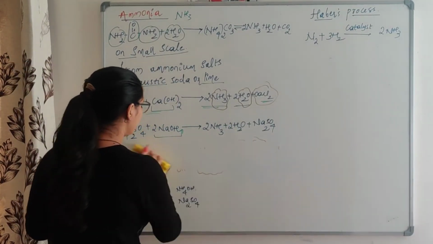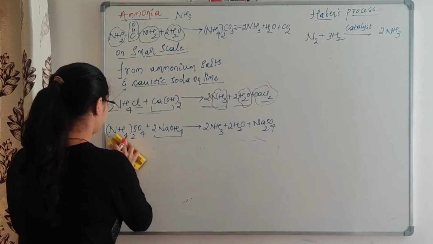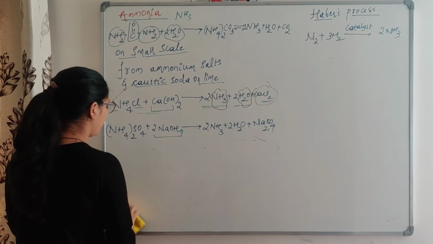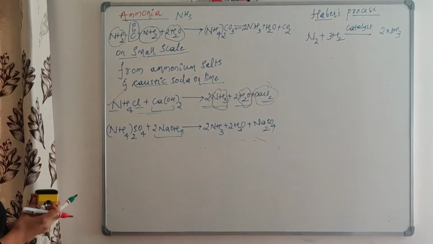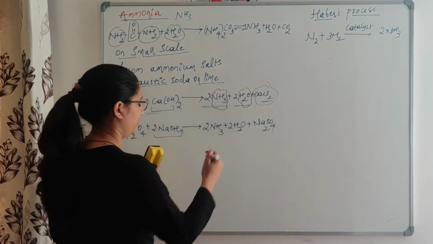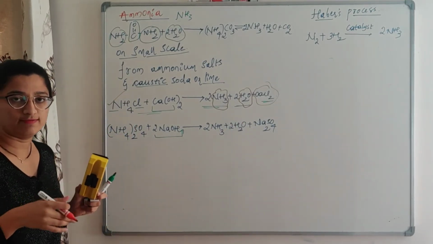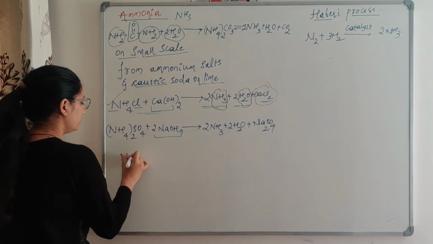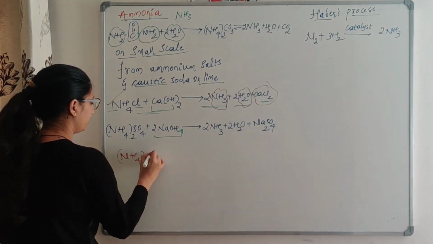Now coming to the second reaction, that is (NH4)2SO4. When you react it with NaOH, you are going to get NH3, water and Na2SO4. In the same way that I explained the previous reaction, from this, which are the positive and the negative ions?